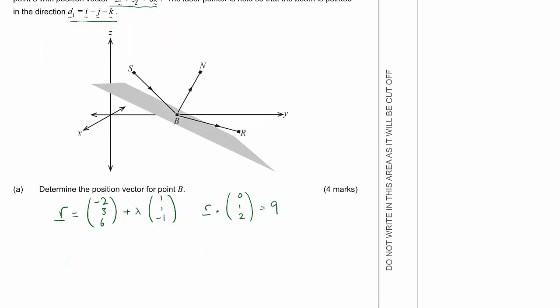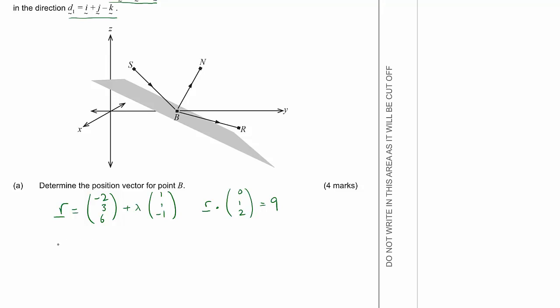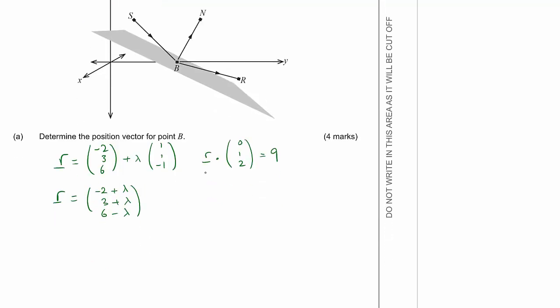we want the intersection. So this line can be written as -2 plus lambda, 3 plus lambda, and 6 take away lambda. And we just substitute it in here, we're just solving simultaneously. So we've got (-2 add lambda, 3 plus lambda, 6 take away lambda) dot (0, 1, 2) is equal to 9.